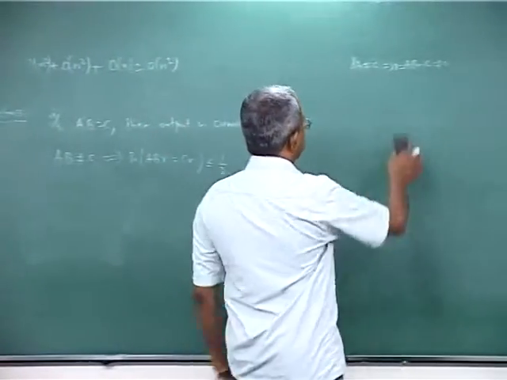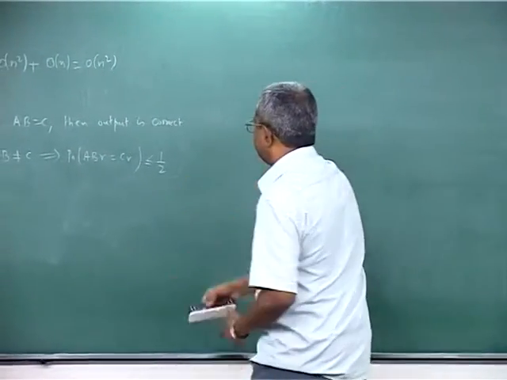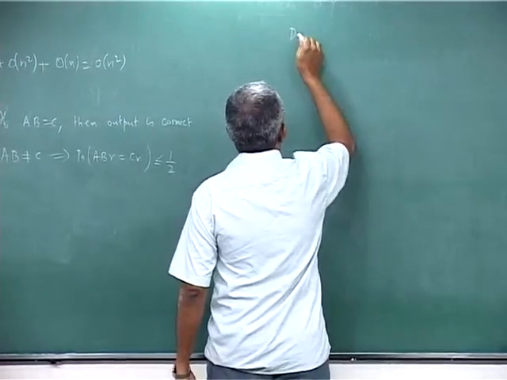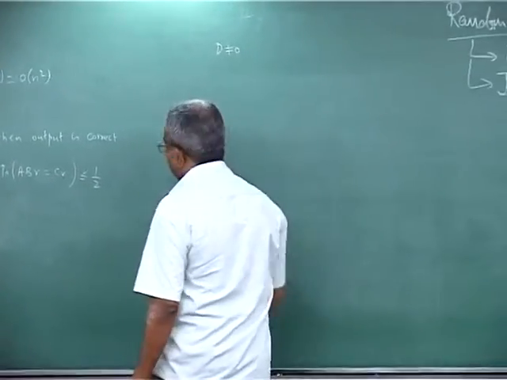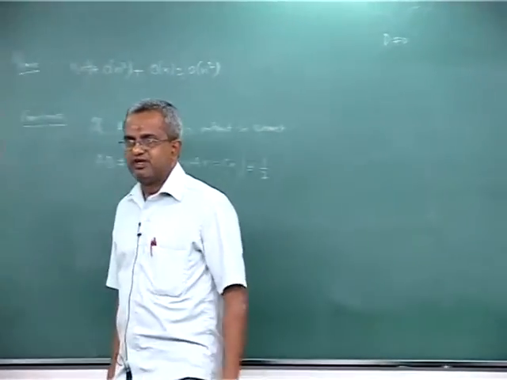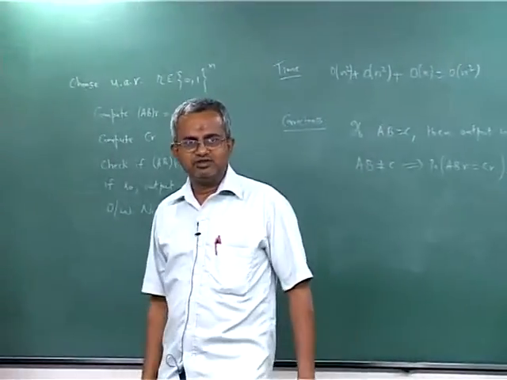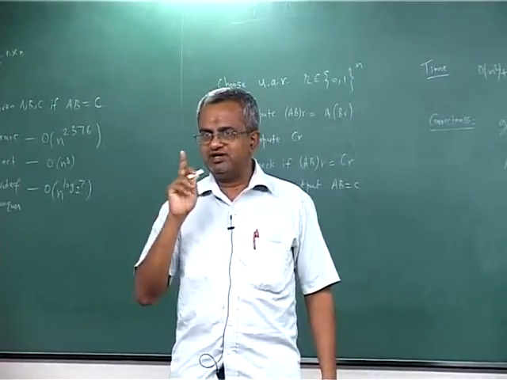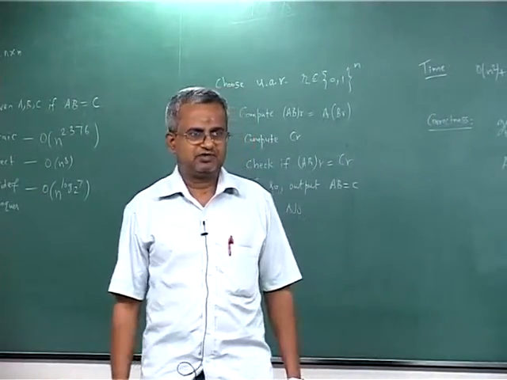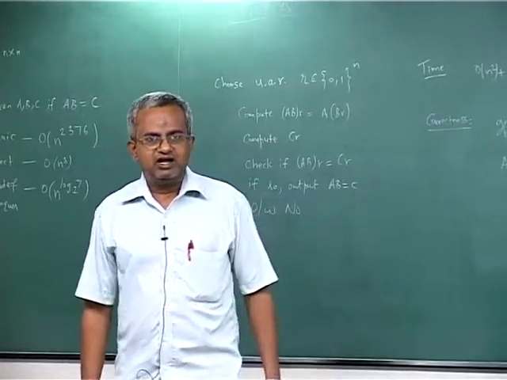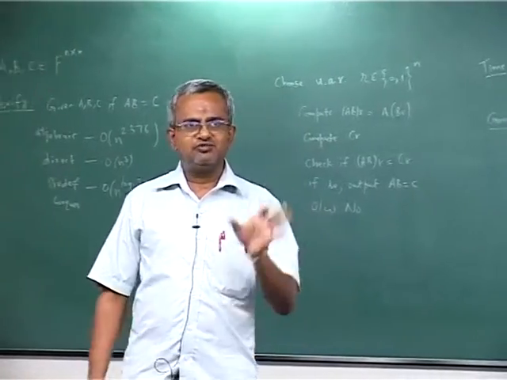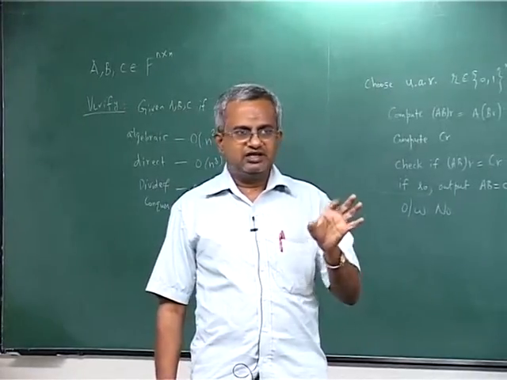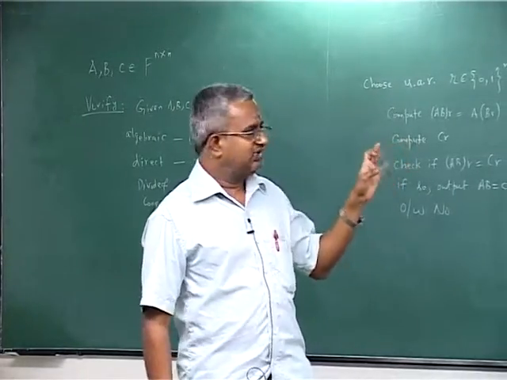So, now let us see why this is true. Let us see the proof of this, a simple argument. If AB is not equal to C, then we know that D is not equal to 0. If D is not equal to 0, then at least one entry in the matrix should be a non-zero entry. We will assume without loss of generality that that non-zero entry is the first entry, that is D11.